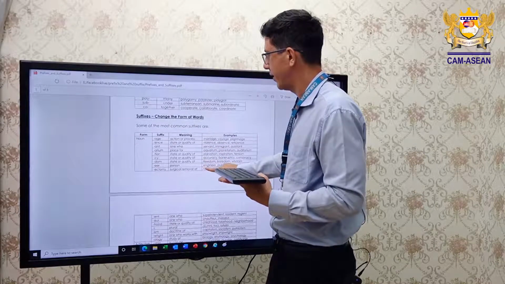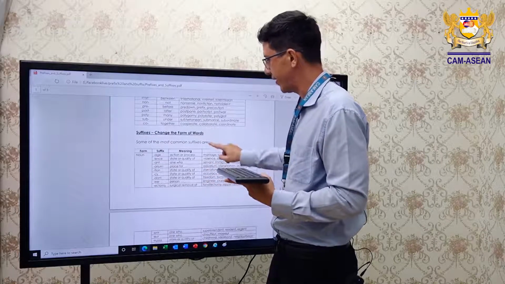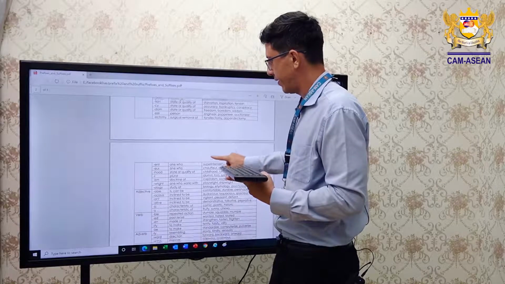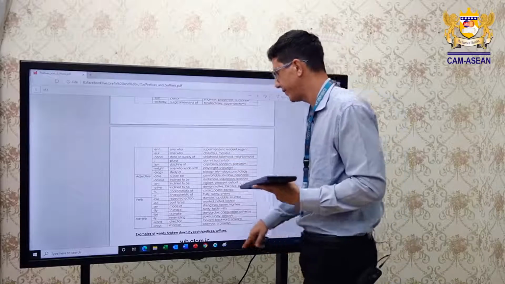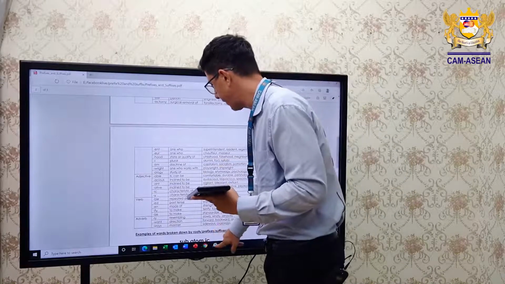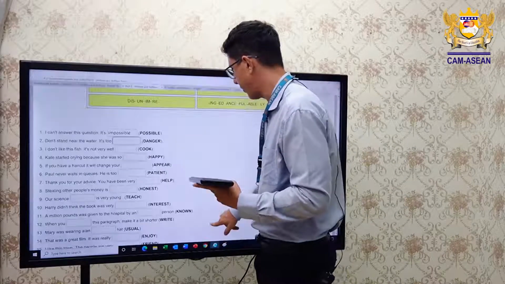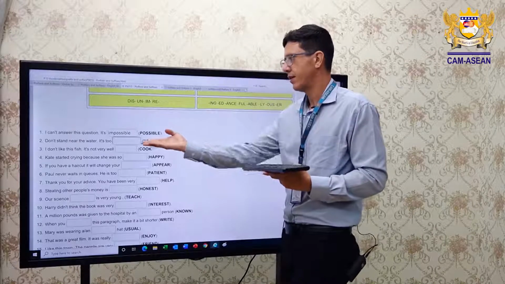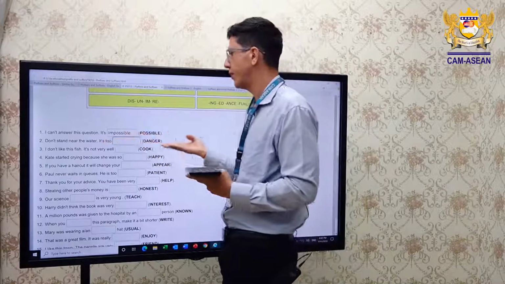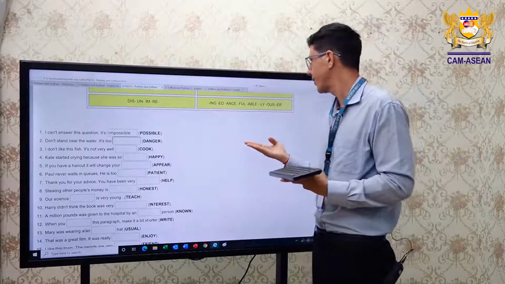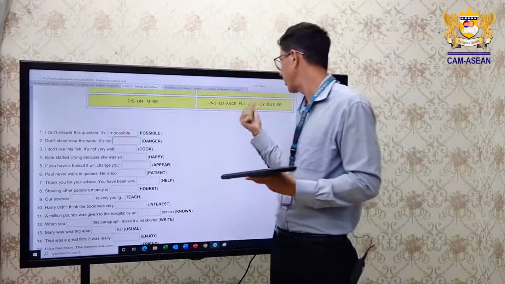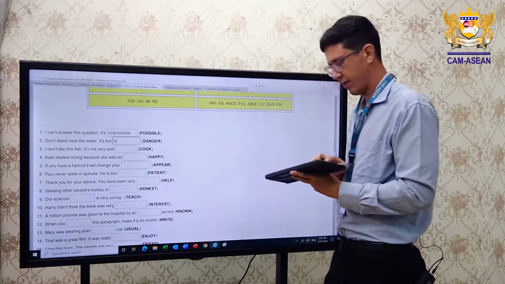So here's the thing, we're not changing the meaning, we're changing the form. I need to make the danger noun into an adjective. So, OUS.